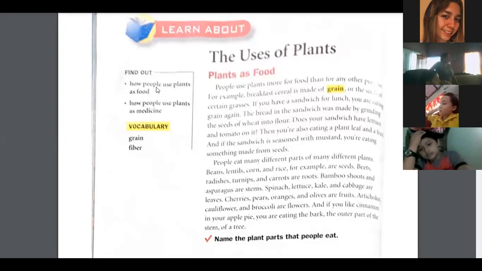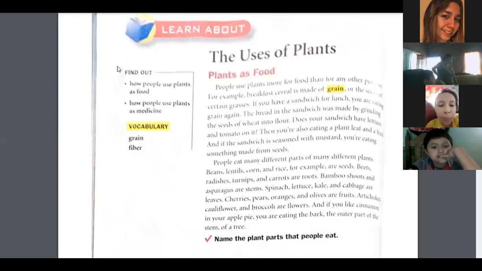Spinach, they also eat kale, cabbage, and those are leaves. We also eat the cherries, the pears, the oranges, the apples, the olives, that are fruit. And we also eat artichokes, cauliflower, broccoli.